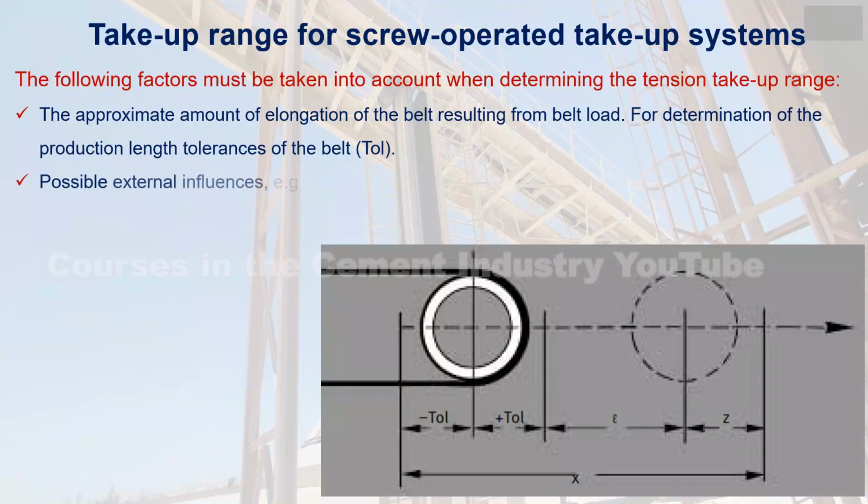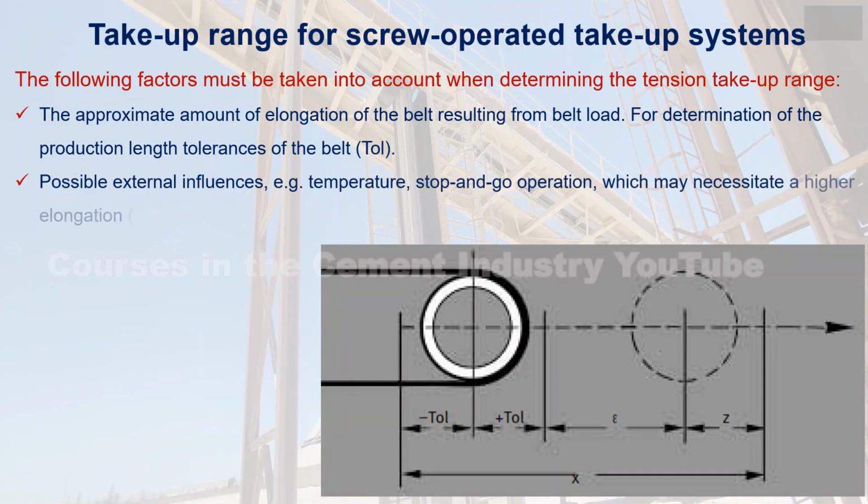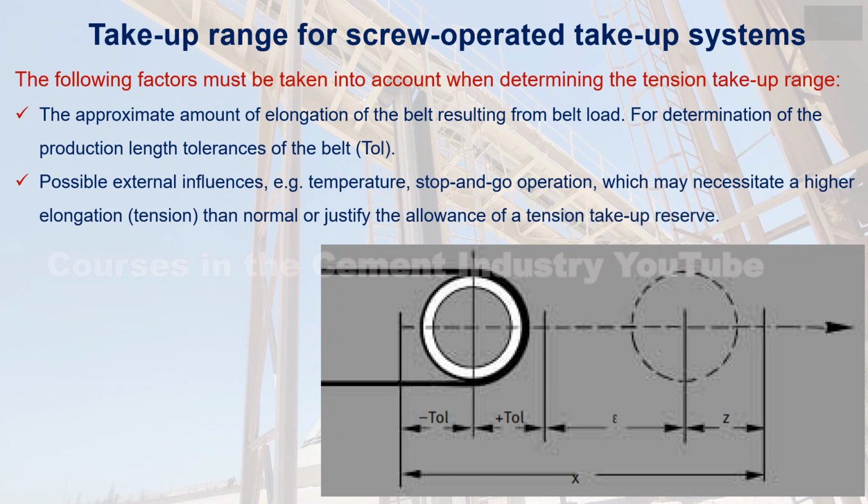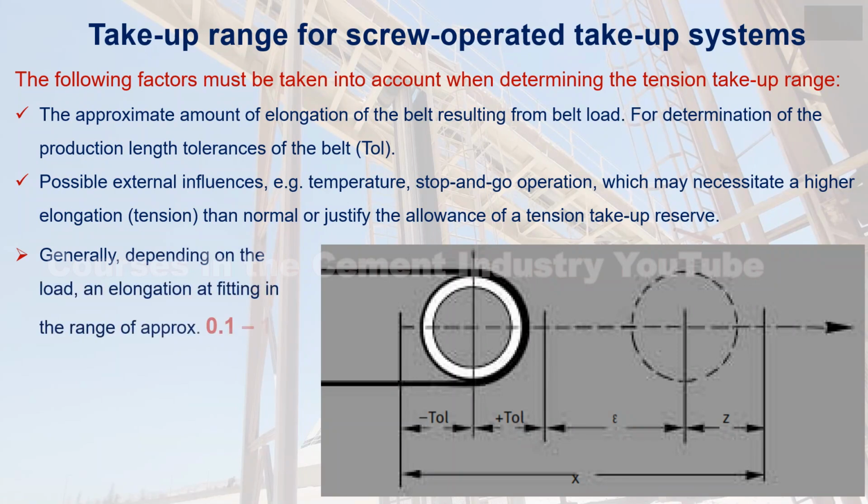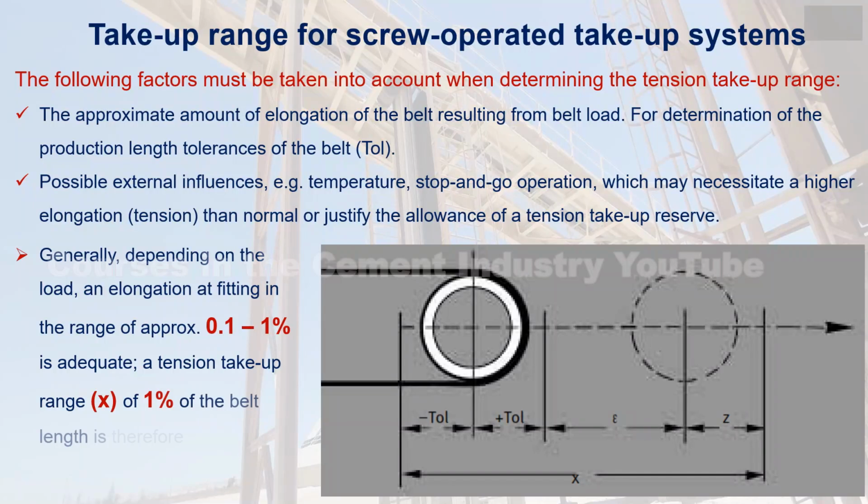Possible external influences, temperature, stop-and-go operation, which may necessitate a higher elongation, tension than normal or justify the allowance of a tension take-up reserve. Generally, depending on the load, an elongation at fitting in the range of approximately 0.1 to 1% is adequate. A tension take-up range, x, of 1% of the belt length is therefore sufficient.